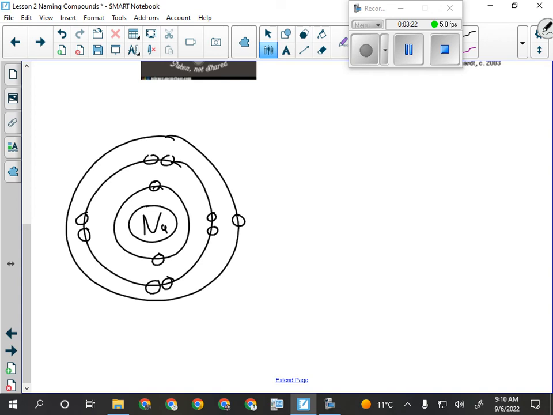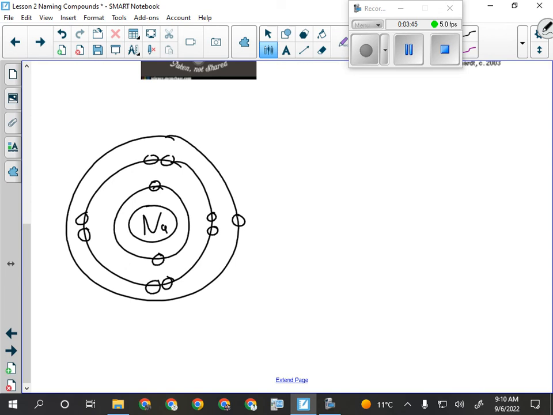Bohr knew or had studied and understood that all elements are trying to move towards having their outer shell of electrons be filled, so that they could be like their nearest noble gas. That would be the elements in group 18 at the far right hand side of the periodic table.